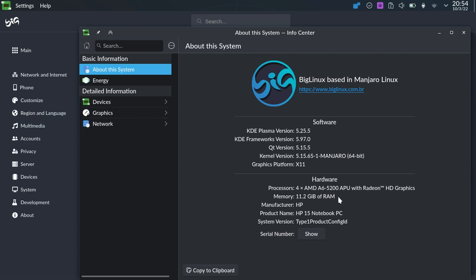And of course, my memory is 12 GB of random access memory, which is real physical memory. I upgraded it before. It was only 4 GB, but I eventually upgraded.